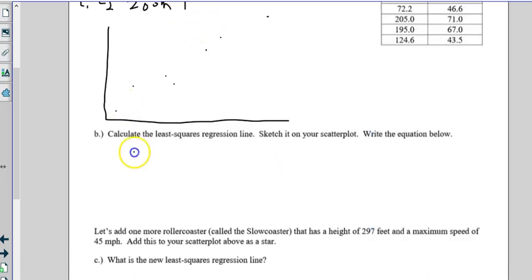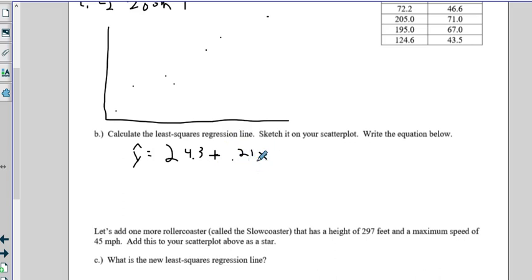So our regression line is y hat equals 24.3 plus 0.21x. Now, watch this little trick.